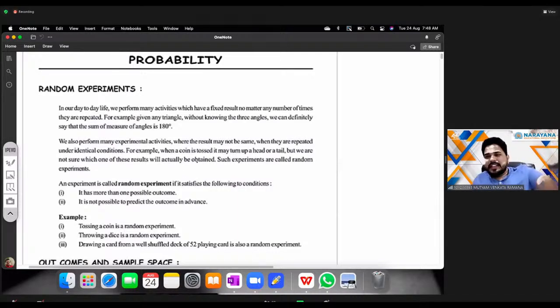I need to switch on, otherwise I can't explain quickly. See, random experiment means you are performing some activity. The result is two things, two or three, whatever.